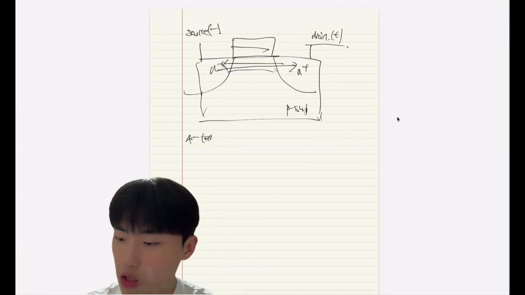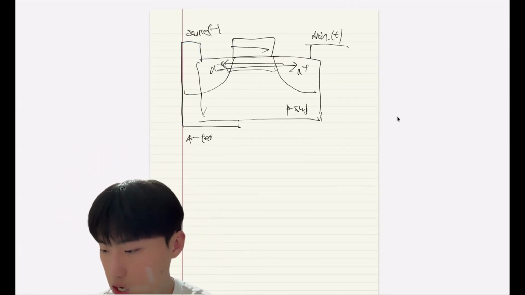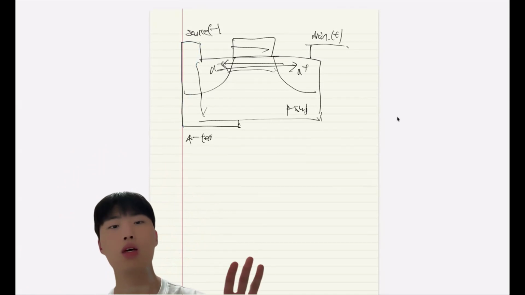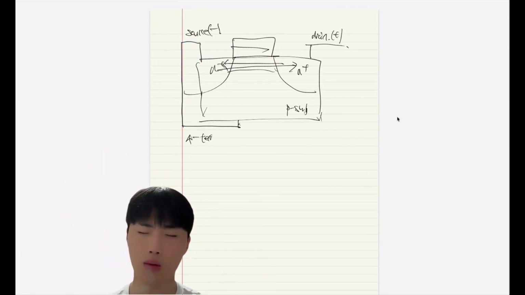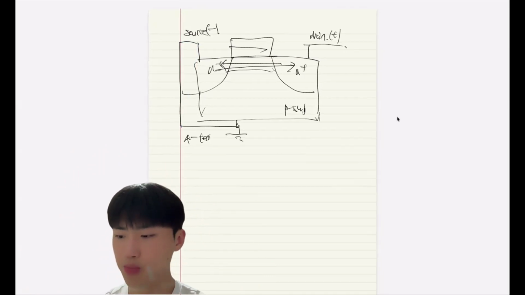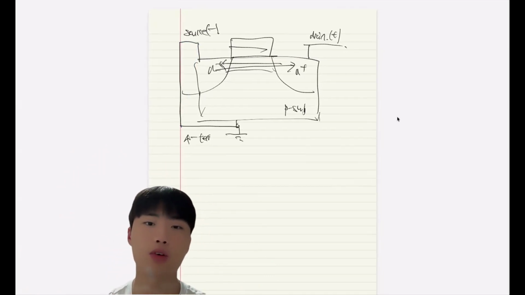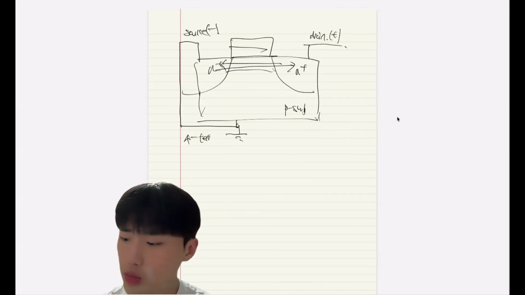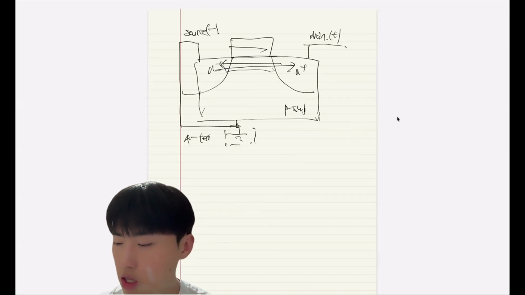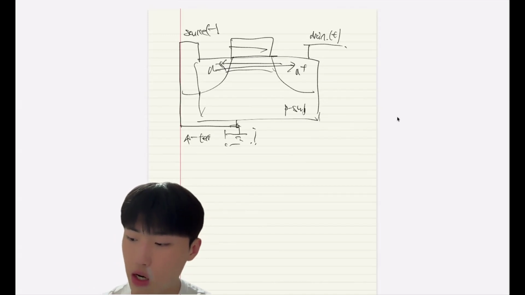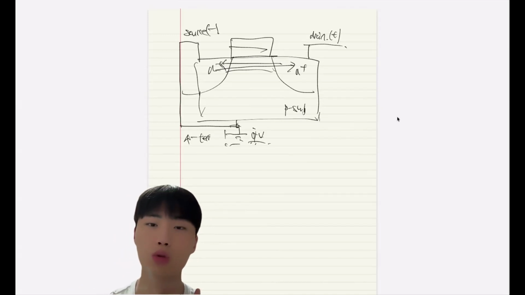So we connect the source and the body side, and then we have a ground on it. So actually, we use the MOSFET like a three terminal device. When we ground it, the source and the body will be 0 volts, and we just control the gate bias and the drain bias.